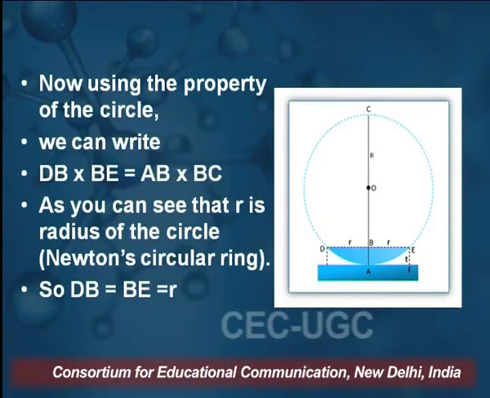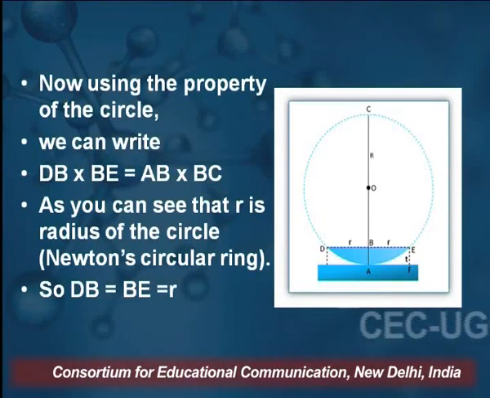Here is the diagram where we are explaining the Newton's ring. We are taking this plano-convex lens as a circle.